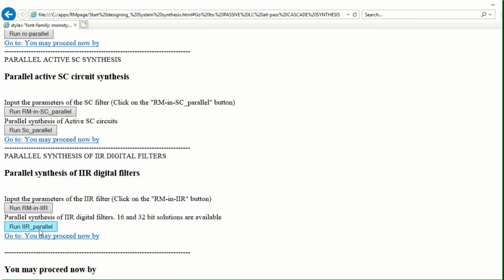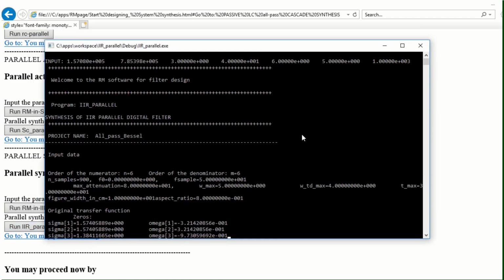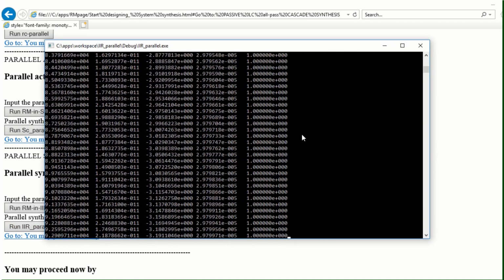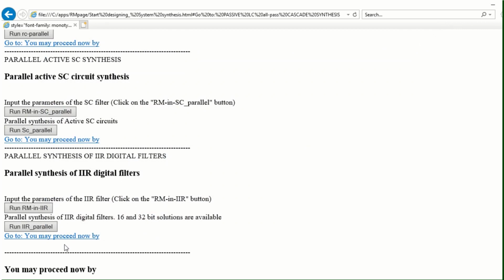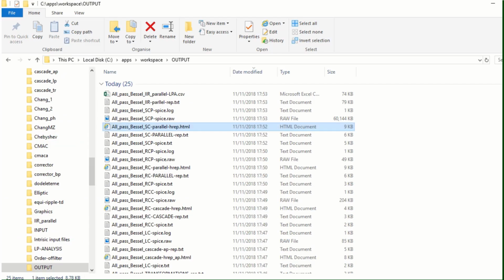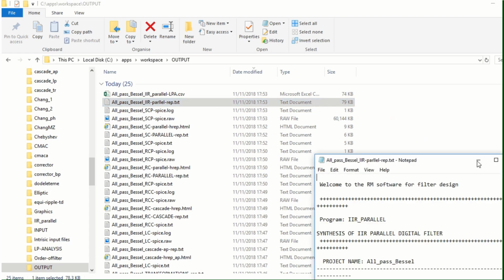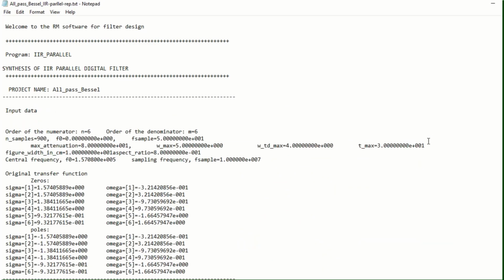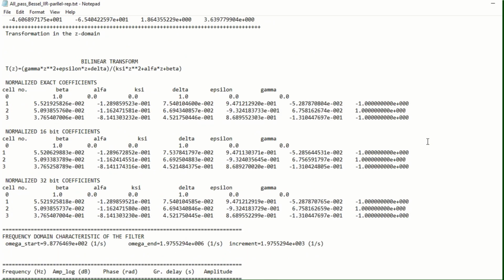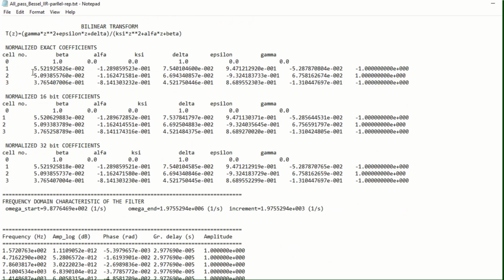And here is the program. We will look first to the report. Here are the coefficients, which you can see.